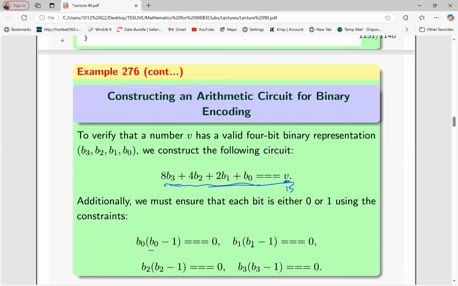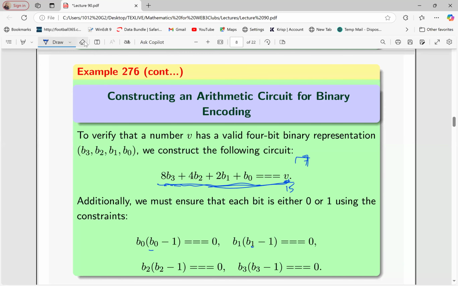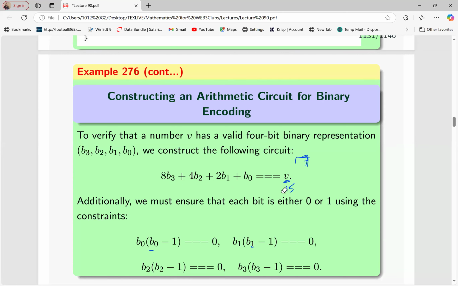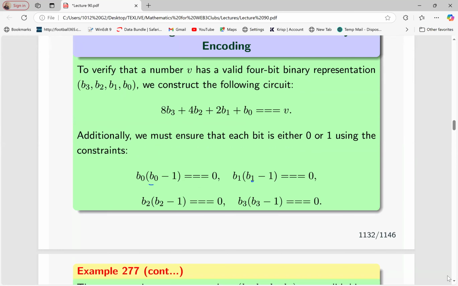If it happens that this guy gives us a number that is 17, for instance, then this constraint will not be satisfied, because 17 will not even be 4 bits, it will be greater than 4 bits. Even 16 is not 4 bits.